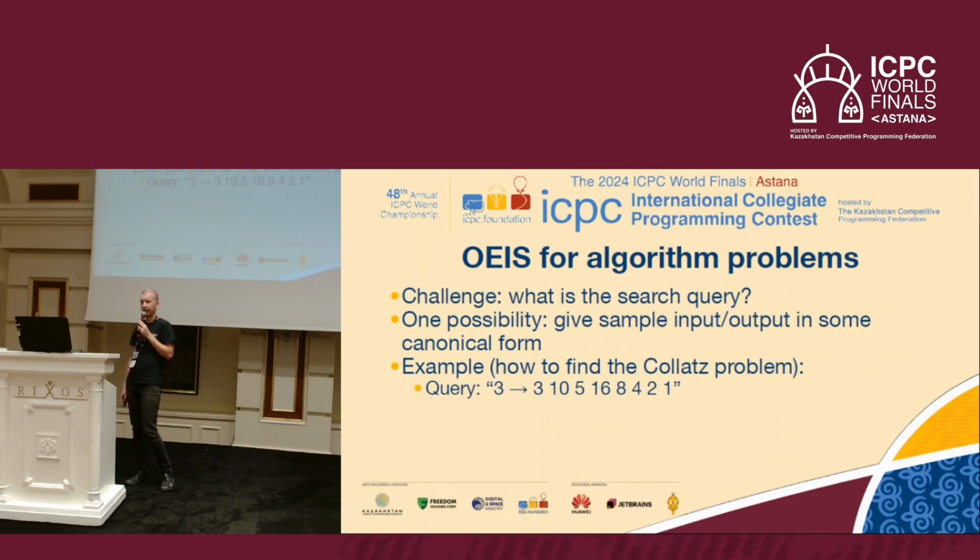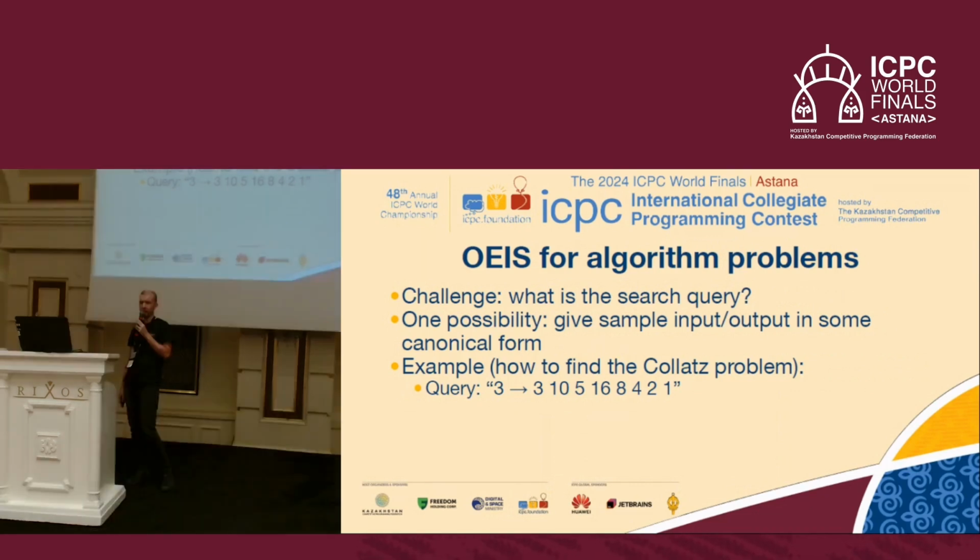At least one idea is that you could give input and output for some small cases or some canonical cases. Here is one example. If you want to find the famous Collatz problem, you could have this string and give it to the system.